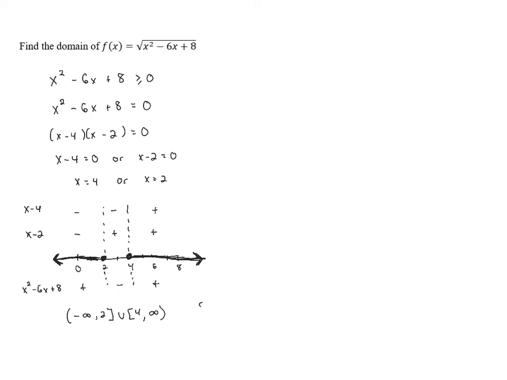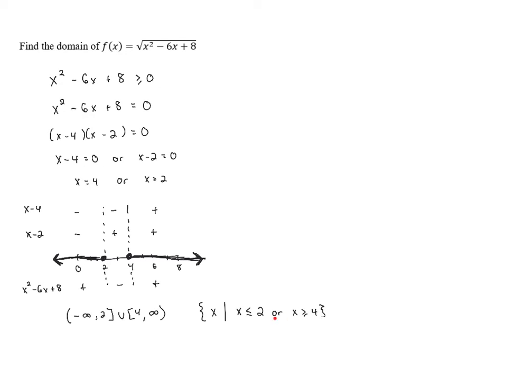The way that we can do that is by saying that the domain is the set of numbers x such that, now this first interval is represented by x is less than or equal to 2. And then we're going to use the word or, and then write the other inequality, which is going to be x is greater than or equal to 4.